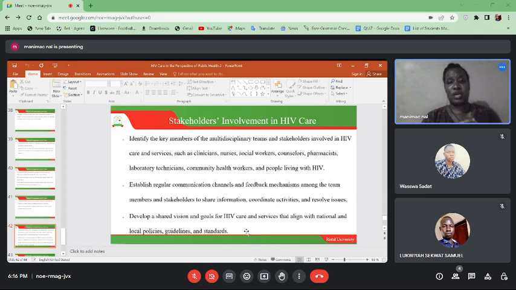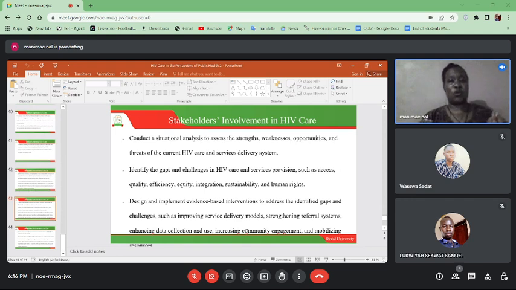Then also establish regular communication channels and feedback mechanisms among team members and stakeholders. Develop a vision and goal for HIV care services and align it with the national and local policies, guidelines or standards.